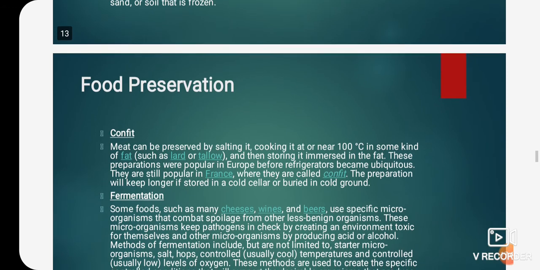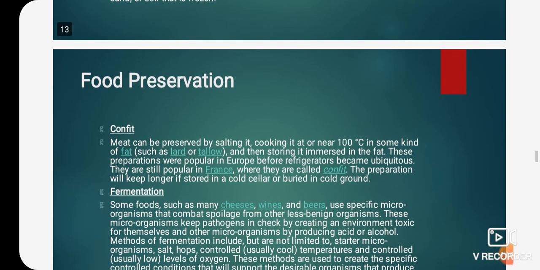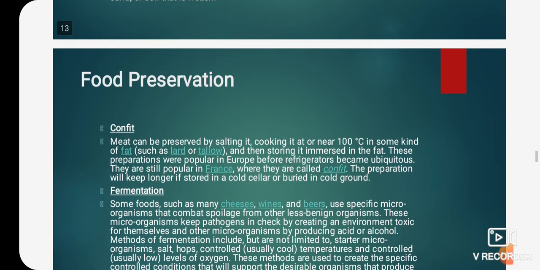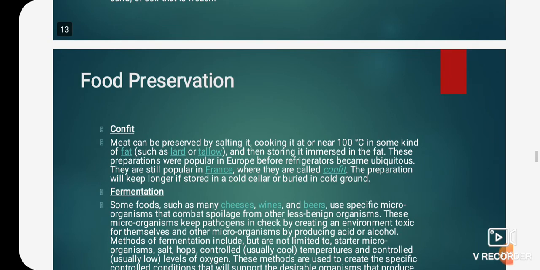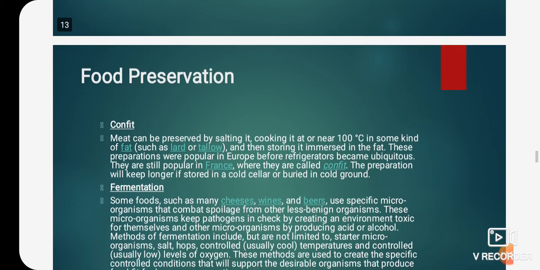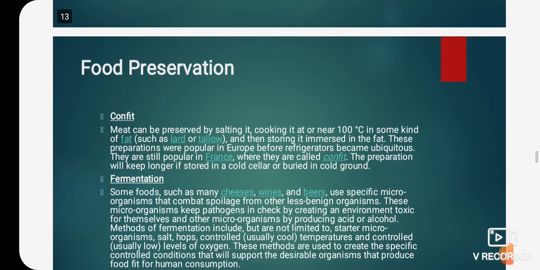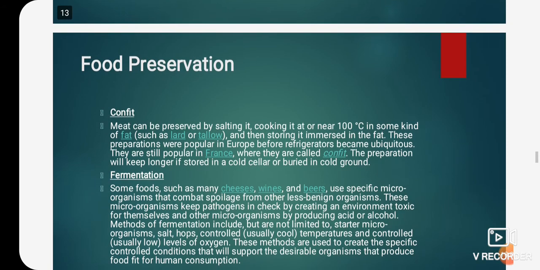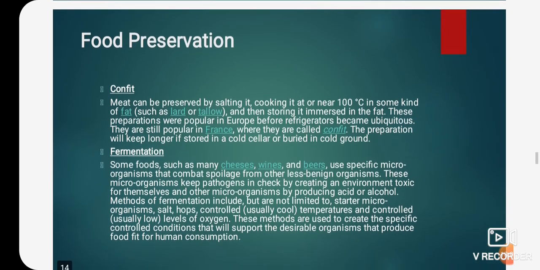These preparations were popular in Europe before refrigerators became ubiquitous. They are still popular in France where they are called confit. The preparation will keep longer if stored in a cold cellar or buried in cold ground.